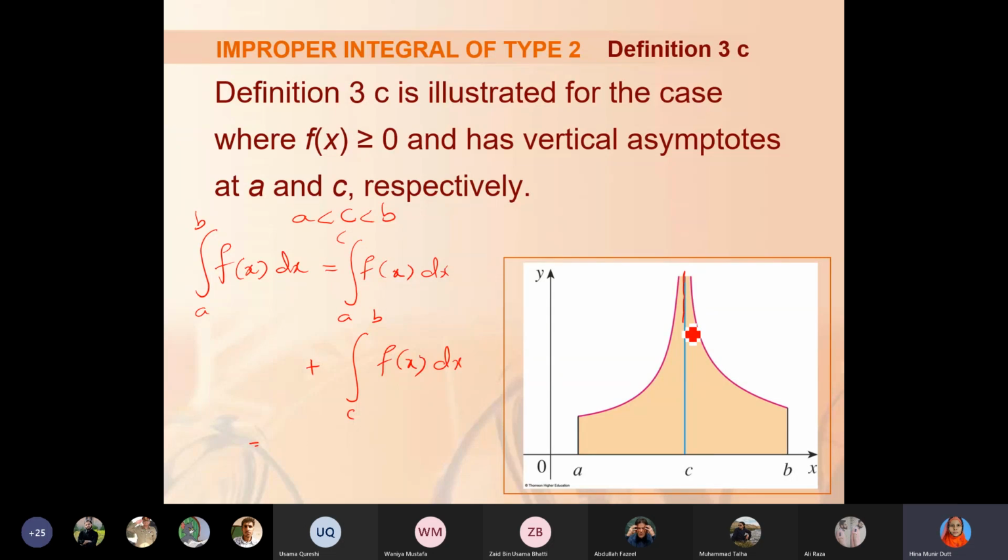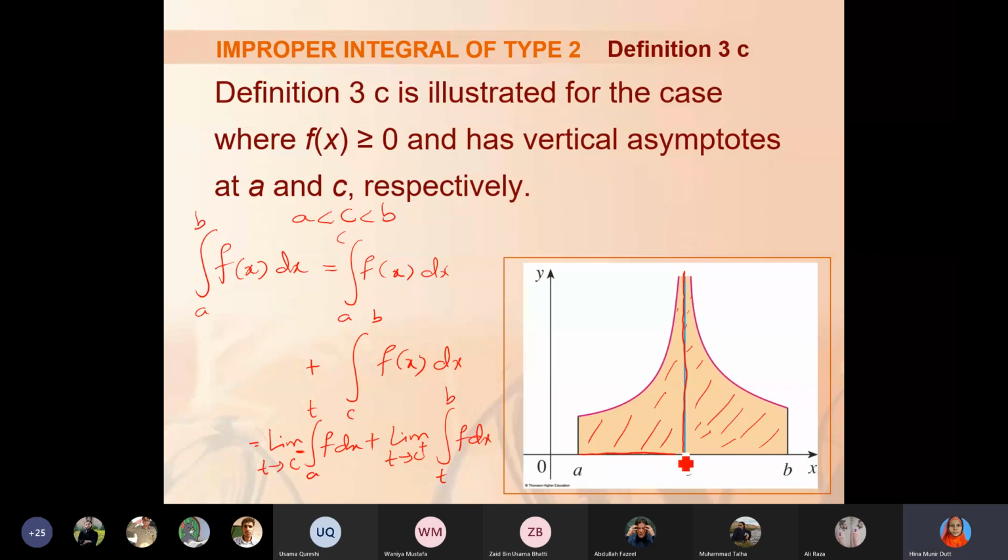Here this line x is equal to c is the vertical asymptote, and this region extends vertically. So this would be extended as limit a to t, t approaches c from the left side, f dx plus limit t approaches c from the right side.